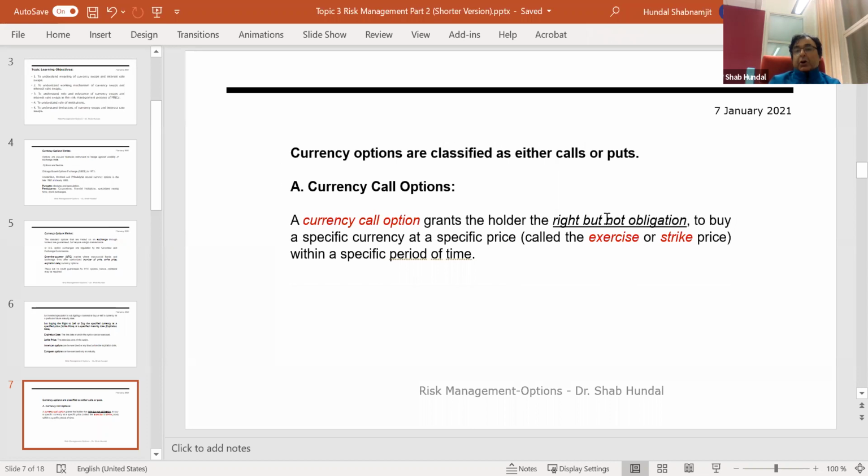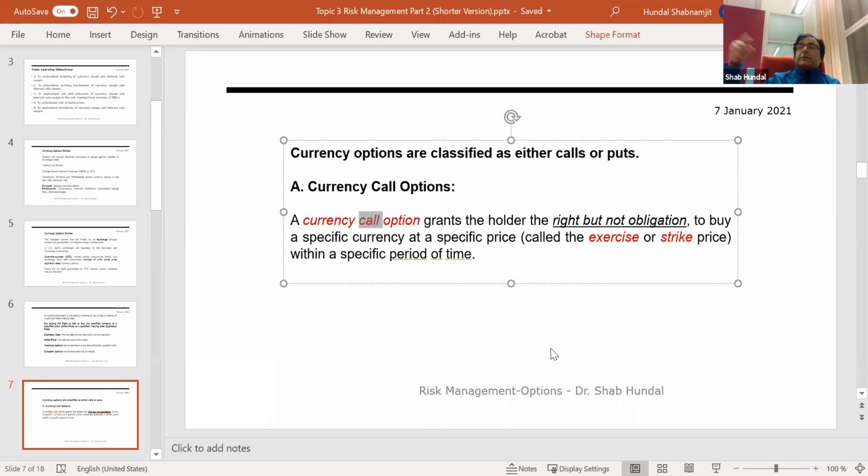So that makes the options, that you have the option to use the contract, to exercise the contract. You have the right, but you don't have any obligation to. If it is not suitable to you, don't use it. Okay, that's the beauty of the option contract. That is a currency call option. Remember, the call option gives the right.